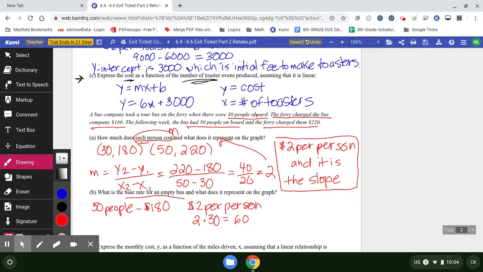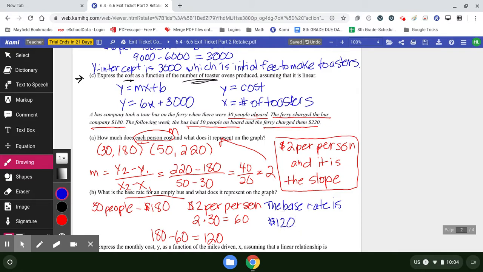Sloppy. I'm going to do 180 minus the 60, and that means it's $120. So what's the base rate? The base rate is $120.